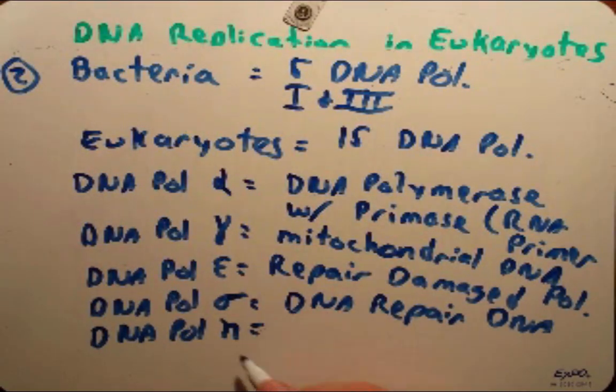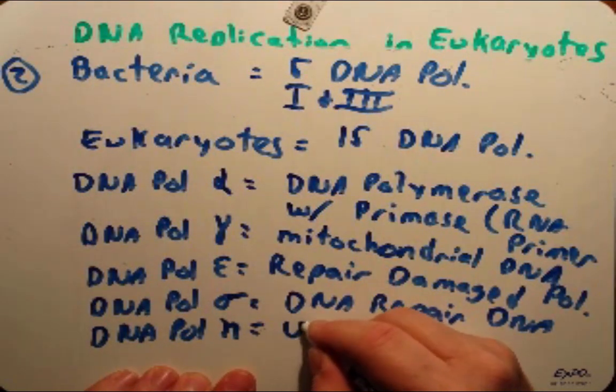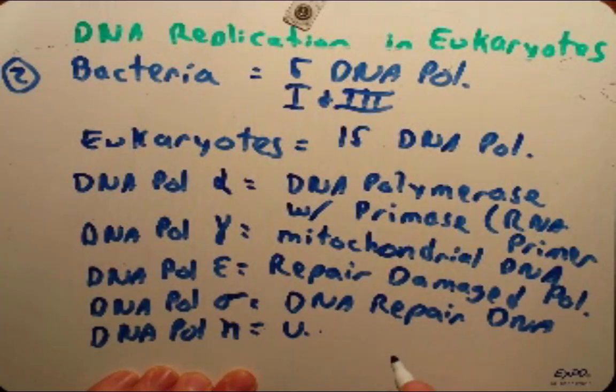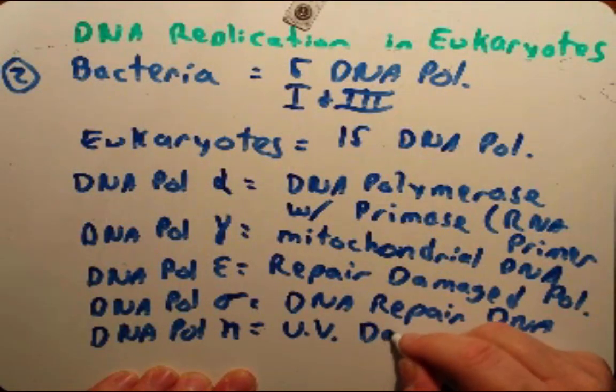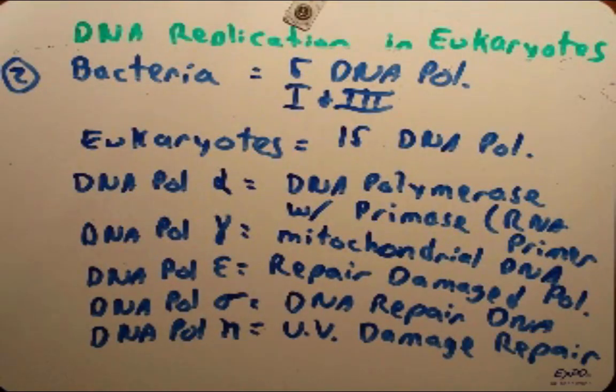And this particular DNA polymerase is important in fixing DNA damage, but more specifically UV damage. That's what it fixes. So of the 15 DNA polymerases, you need to know these 5. And think about the roles as described here, but also think about what would happen if any of these DNA polymerases in the eukaryotic cell were mutated or non-functional for some reason.